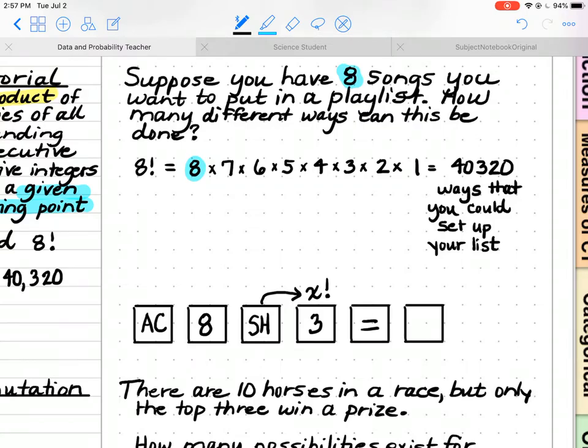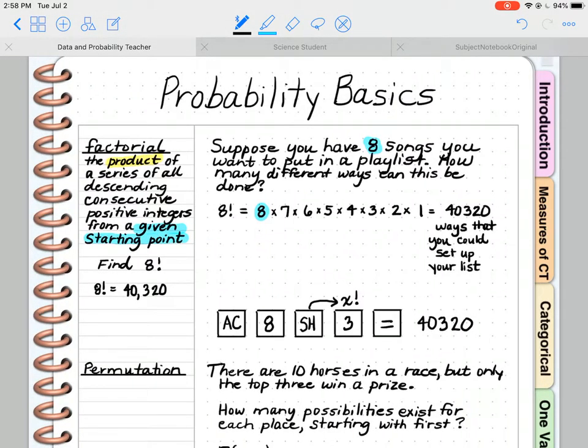And equals. So I'm going to do all clear, 8 shift 3 equals, 40,320. So you can do it longhand by setting up your formula up there, or you can do it with the calculator. And either way, you will get the answer that you need.